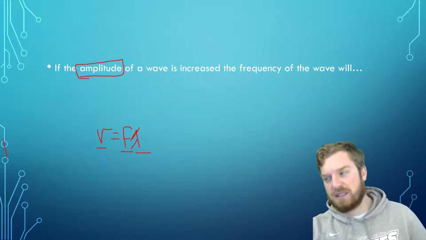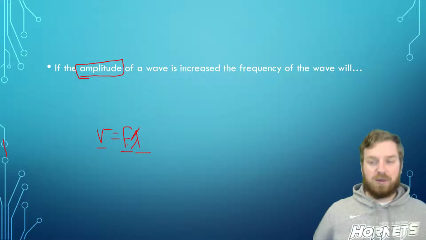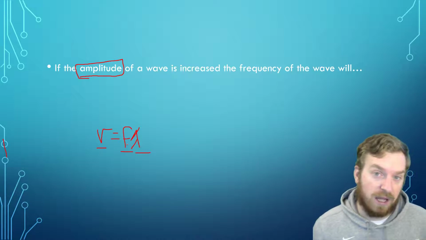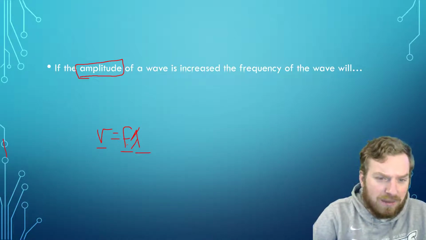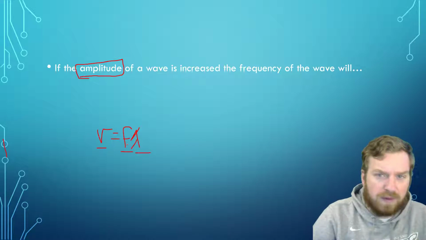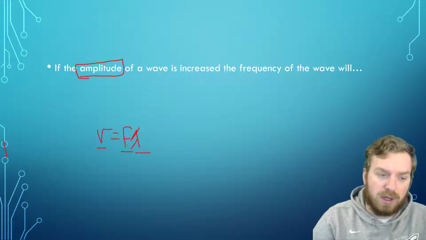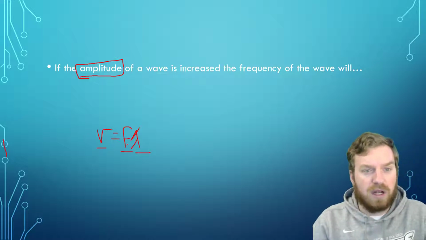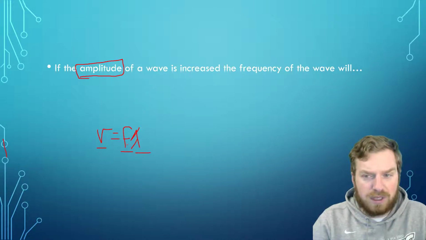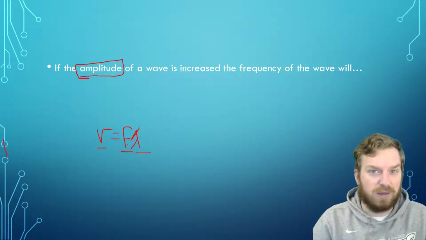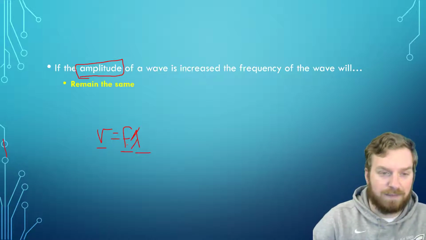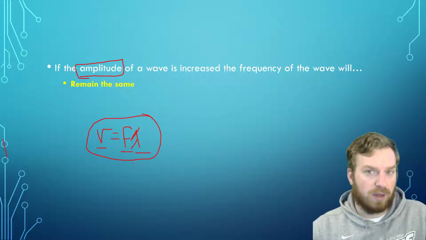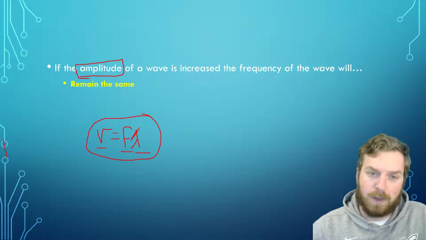Now remember, in sound waves, the amplitude represents the energy that the wave is carrying, and in light waves, or EM waves, the frequency can represent the energy that the wave has. But in terms of this, the amplitude and the frequency don't have a relationship at all. So if the amplitude is increased, the frequency doesn't really care, and the frequency is just going to remain the same. These two don't interact with each other. They don't have a direct or indirect relationship. They just don't interact. So that's nice and simple.